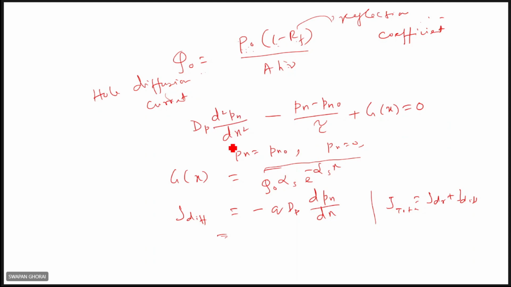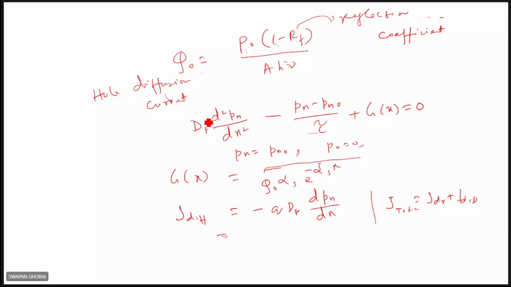That is d2 Pn by dx2 plus Pn minus P0 by tau plus Gx equal to 0. This term is the number of carriers recombined, and this is the number of carriers accumulated.